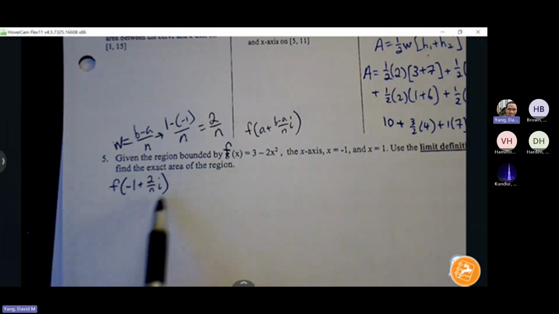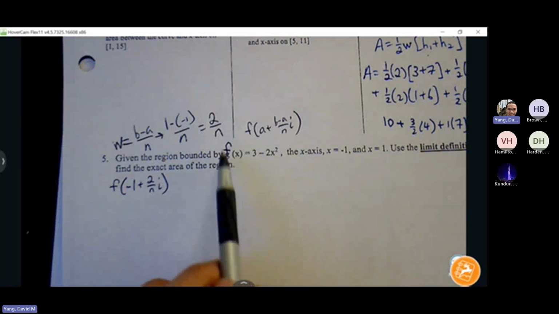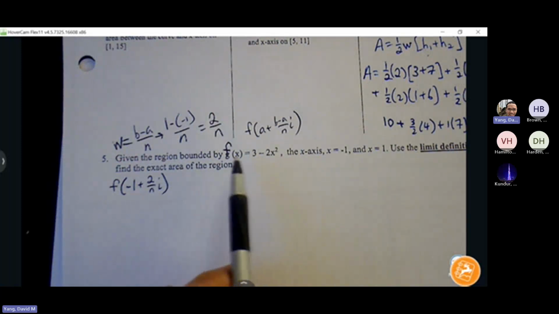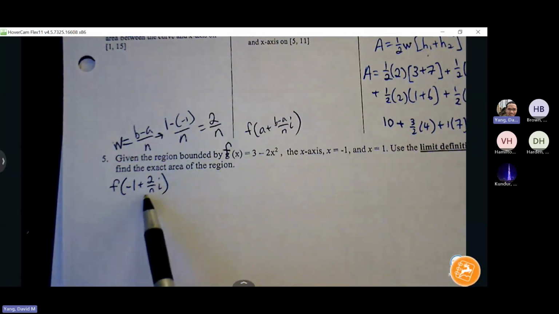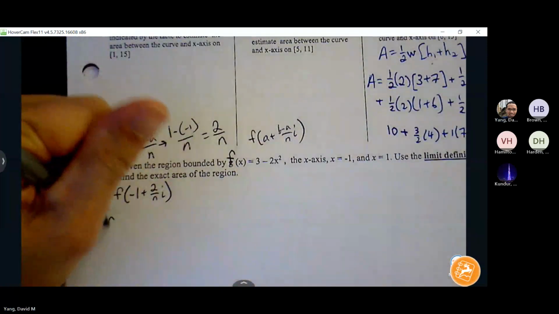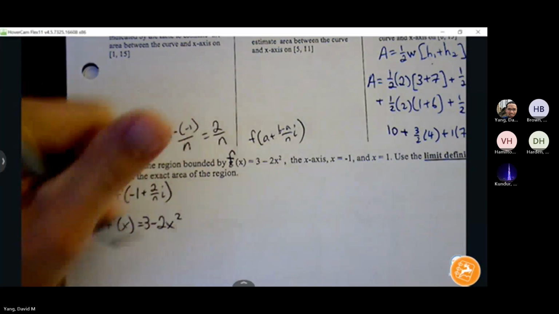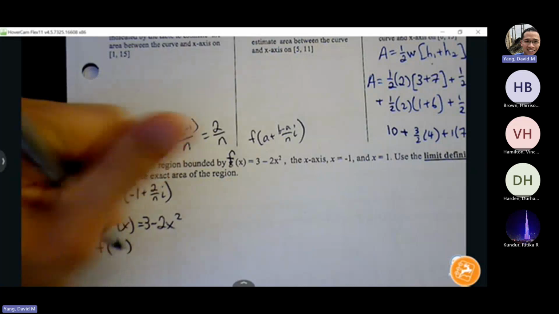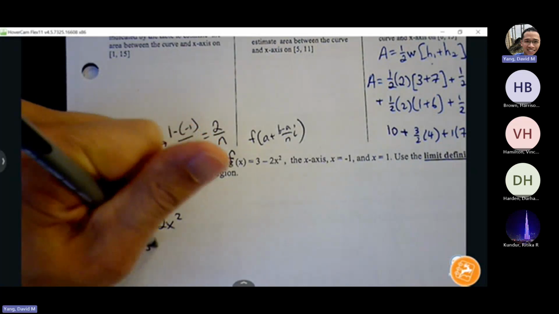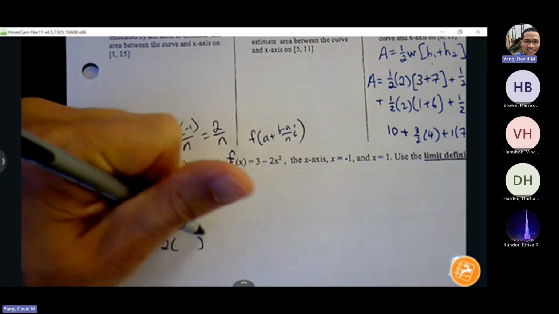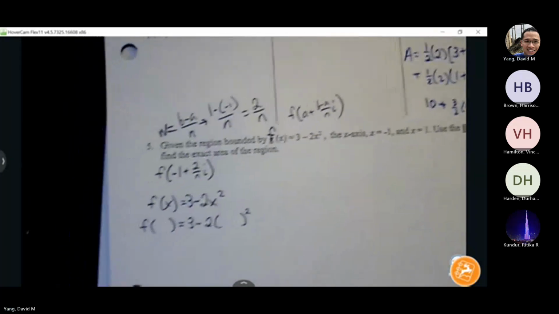Okay, this is still not ready for us to multiply with the width. We ought to get this out of function notation. So let's spend the time to do the open parentheses so that we know where this argument is going to go. Okay, we write it with the x removed, so that is where my new argument is going to go.